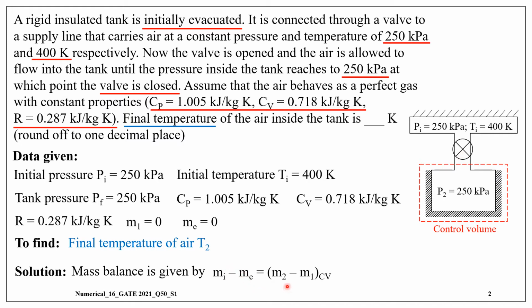So Me is equal to M2 minus M1 suffix CV. CV stands for control volume. M2 is the final mass of air inside this control volume. M1 is the initial mass of air inside this control volume. Initially, the control volume is evacuated, therefore, M1 is 0.